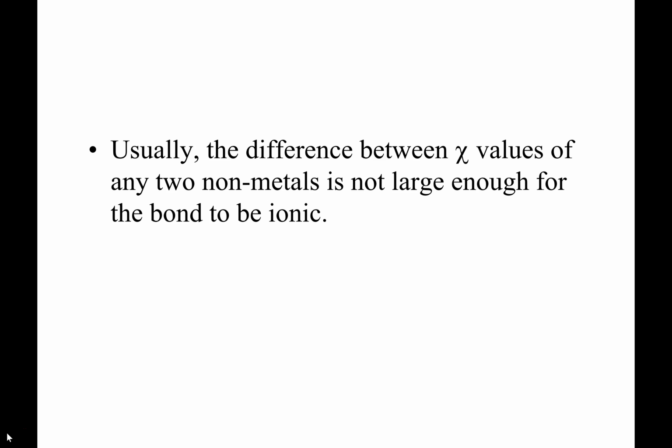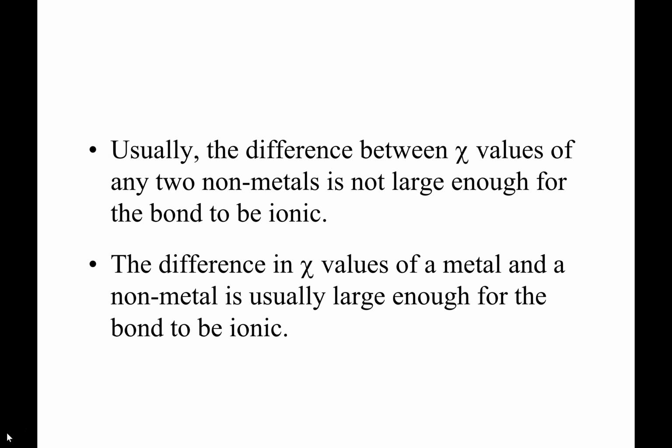So if you pick, and we're going to look again at some Pauling values of the nonmetals, if you pick two nonmetals and you do this math, this is going to be pretty wimpy. So electrons are going to be shared. If you pick a nonmetal and a metal, calculate the electronegativity difference, it's going to be really pretty high, the electron will be transferred. So that will give us an ionic compound.